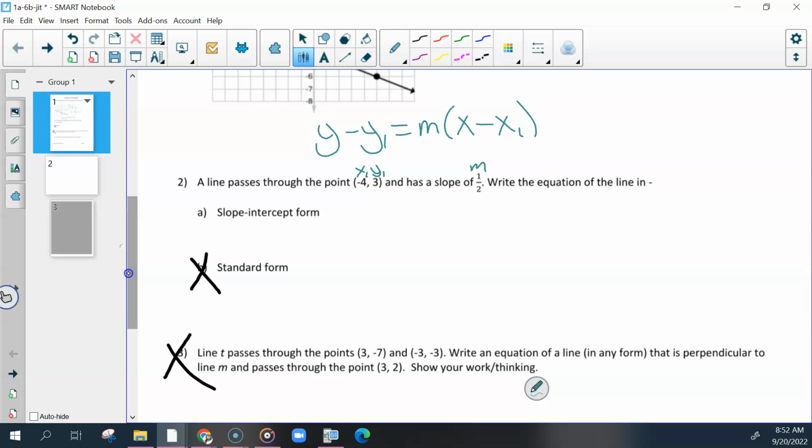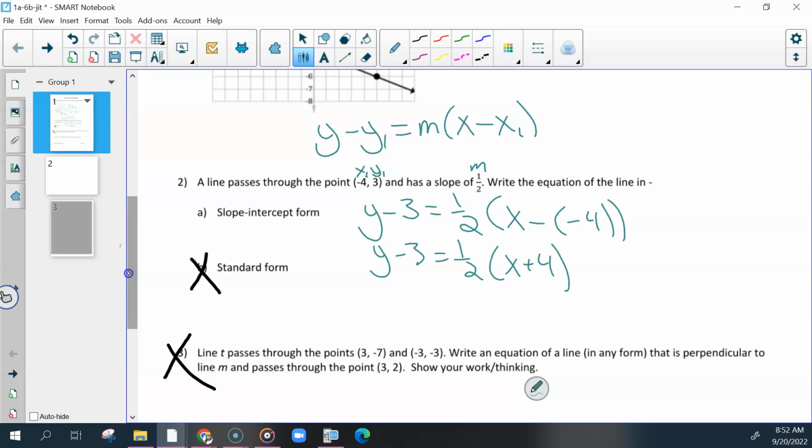And then use that format to find your slope-intercept form. So y minus y1 equals my slope of 1/2. Then x minus my x1 is negative. So I would make the minus or the minus negative a positive before I do anything else, and then continue on from there.